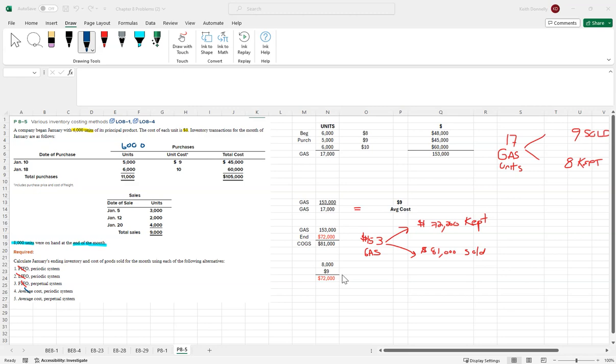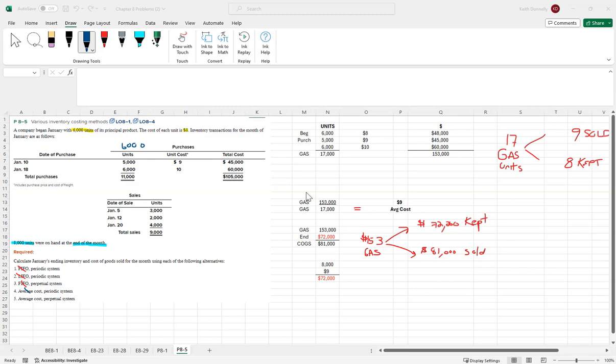It's constantly changing, not fixed throughout. We're recalculating the weighted average at any given point in time. So it's not $9 all the time, and it's going to change the allocation. All right, so snapshot that. That's the fourth one there. We have one left to do.